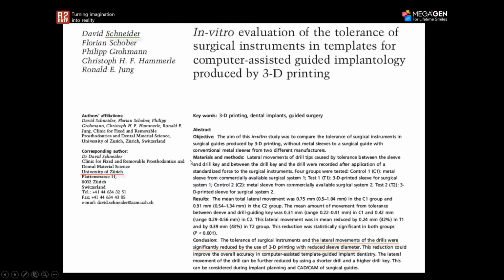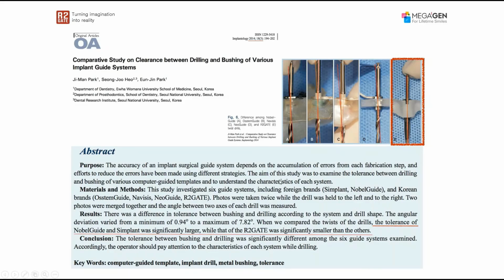Also, it has been proven in the literature that using surgical guides without metal sleeves that are completely 3D printed actually reduces the lateral movements of the drills. So by using 3D printing with reduced sleeve diameter, that actually reduces the amount of wiggle and the amount of deviation that happens with the drills.